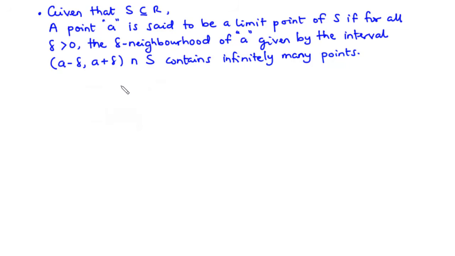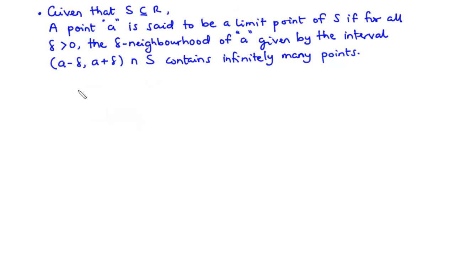Now what this primarily means is that A is said to be a limit point of S if the intersection of A minus delta, A plus delta, and S contains infinitely many points.